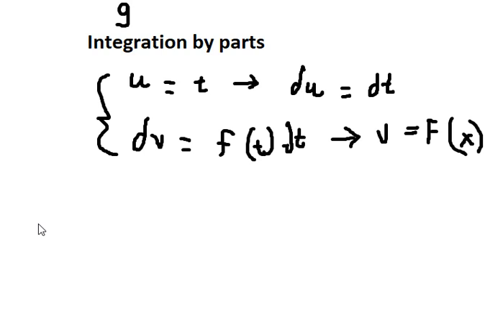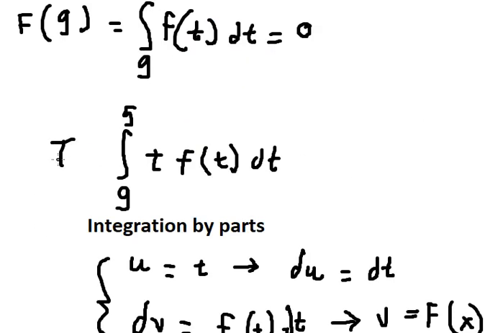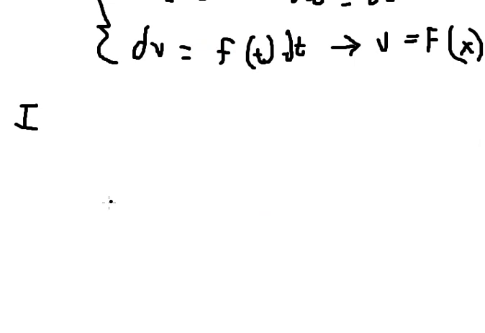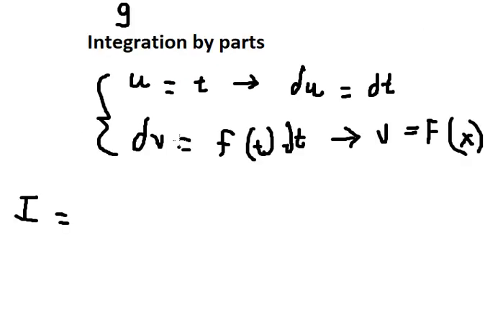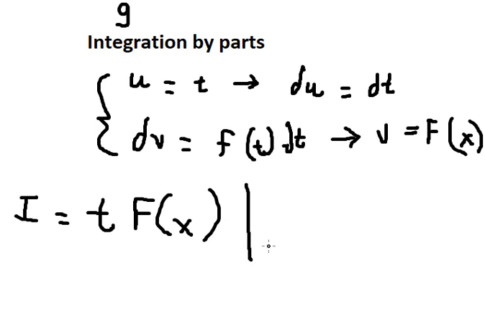So I will put I, that is this integration. So we have u multiplied by v. So we have t multiplied by F of s. And now I will put the bounds from 9 to 5. But in this situation, we can change s back to t.